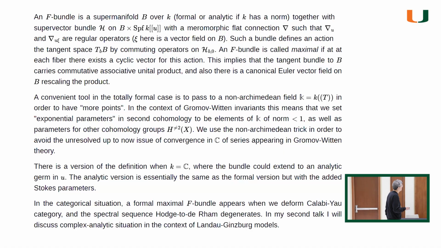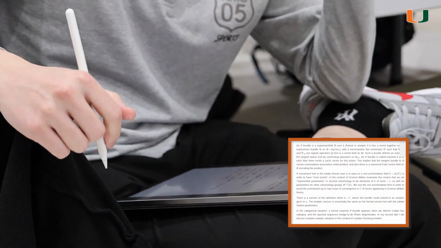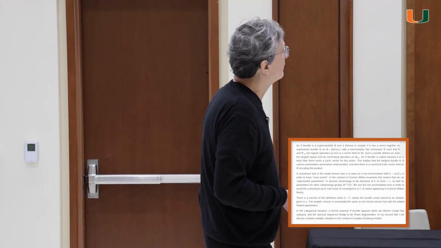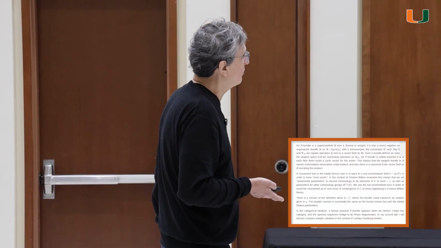Effectively we think the things are convergent over complex numbers, and also the variable u should be not formal but an analytic disk. The analytic behavior in u over complex numbers is the same as the formal bundle on a formal disk plus some kind of Stokes data. And Stokes data doesn't really interact with the rest. It's an extra parameter which is locally constant, kind of asymptotic.